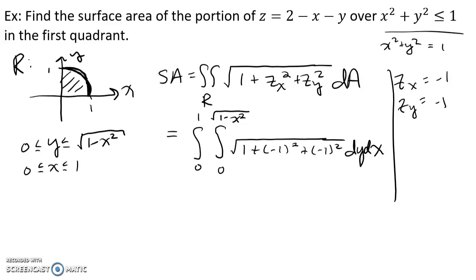So simplifying there, we've got this integral 0 to 1, 0 to square root 1 minus x squared, and then we've got really just the square root of 3 on the inside, and we've got that dy dx. Okay, so now really all we have to do is evaluate this integral.